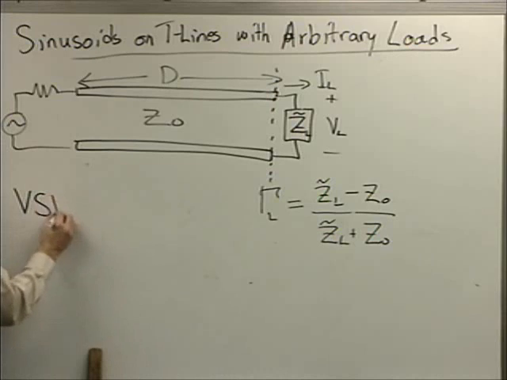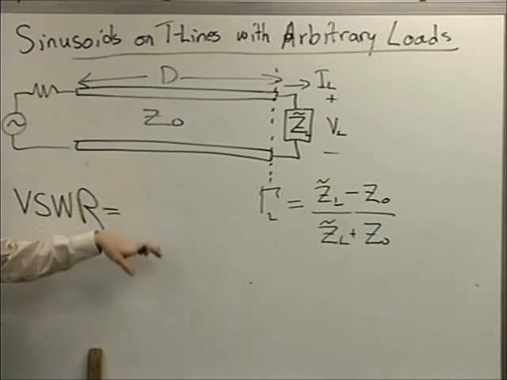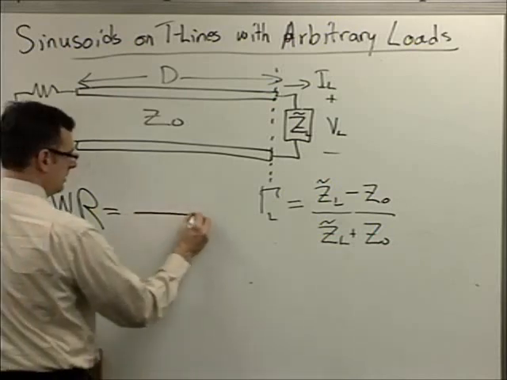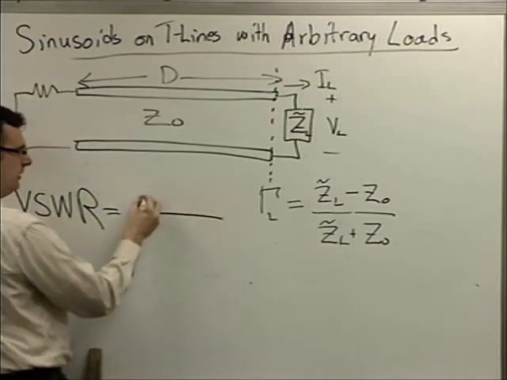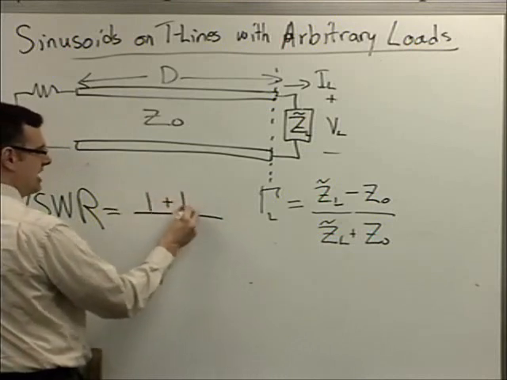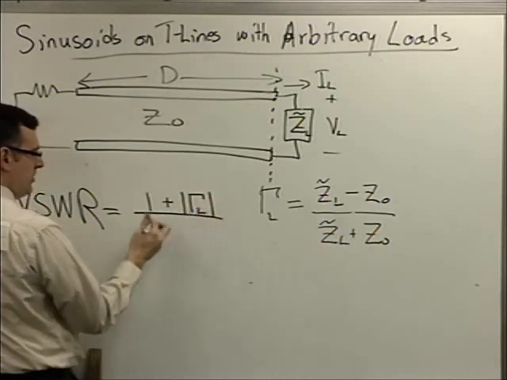And in fact, once you figure out your reflection coefficient, you can calculate your voltage standing wave ratio. Remember, that's equal to the max total voltage divided by the min total voltage. When does the max occur? Well, it's when my forward and my reflected wave line up. And when does the min occur?